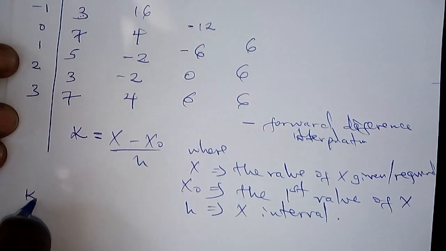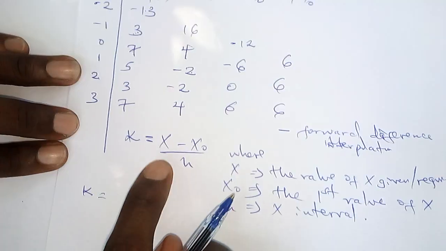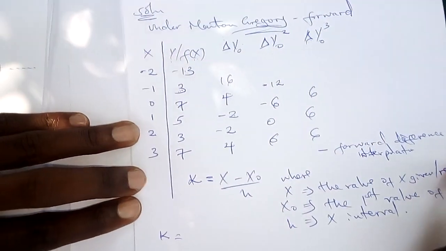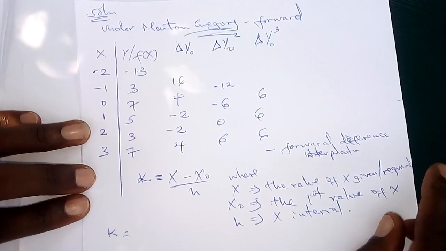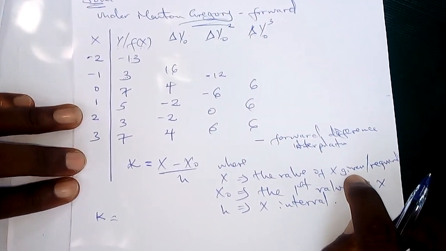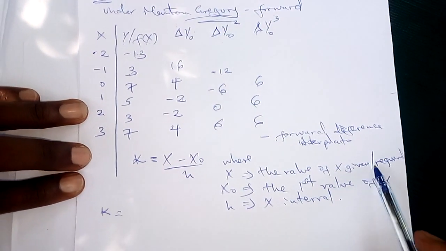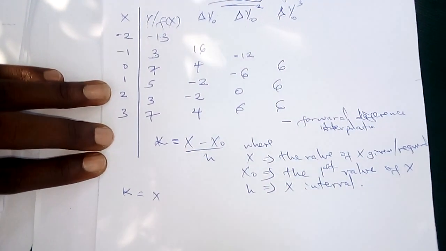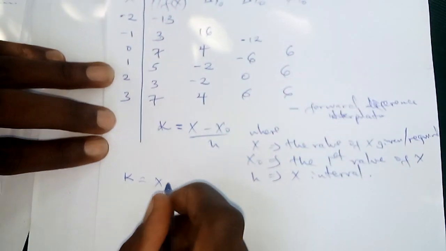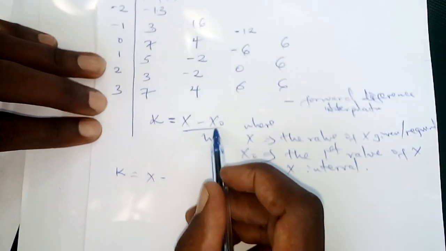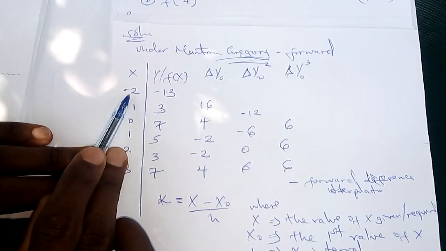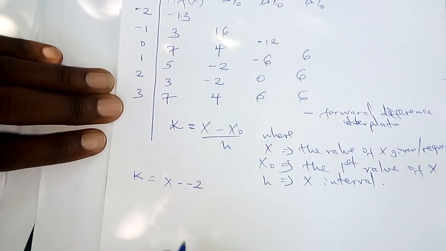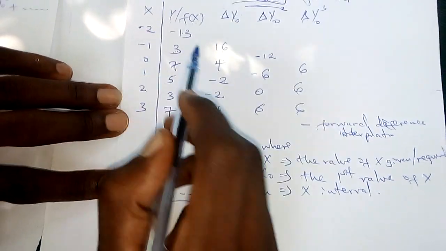So k particularly is equal to x, which we are not given, so x will just be unknown. You subtract x naught, and x naught is -2, the first value of x. So it is x minus -2, all over h, the x interval.